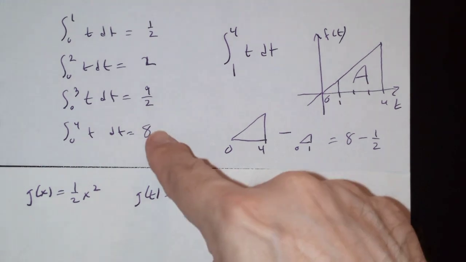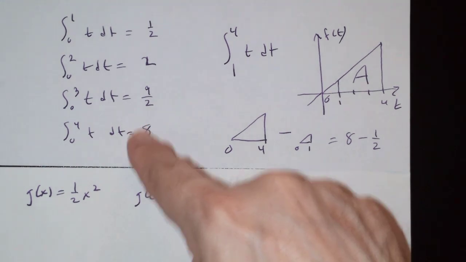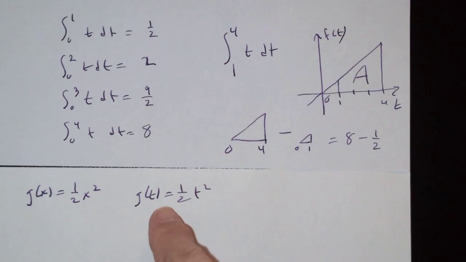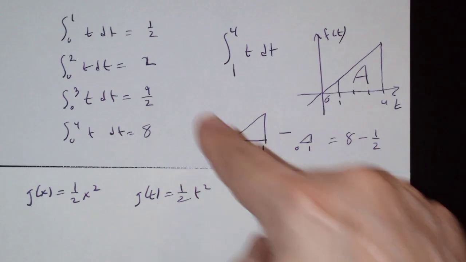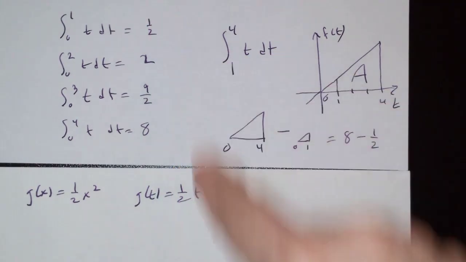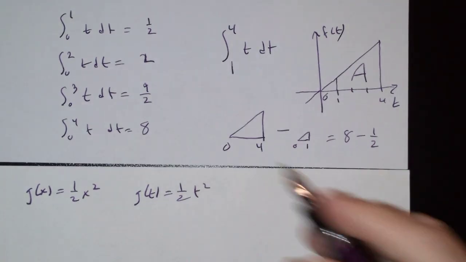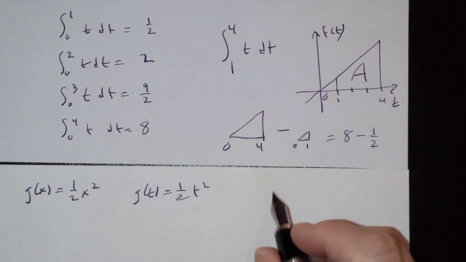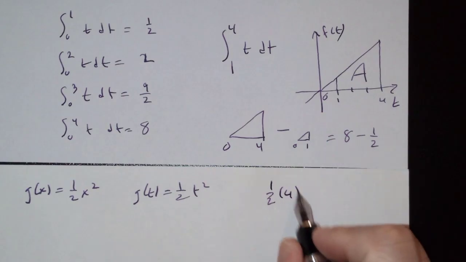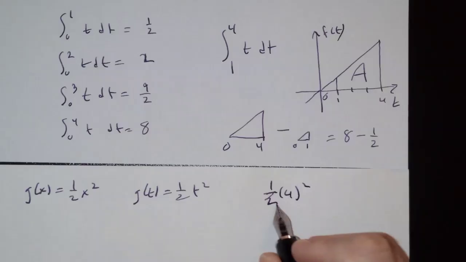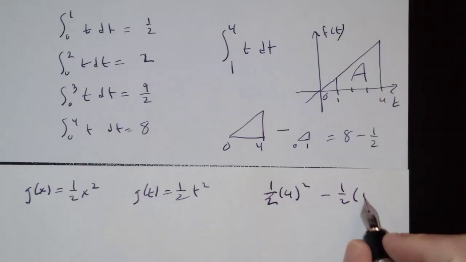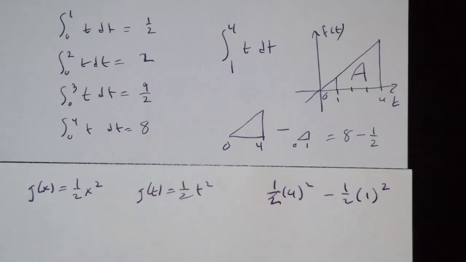But this value 8 came from putting 4 in here. And this value 1/2 came from putting 1 in here. So I can think of this evaluation up here as 1/2 4 squared minus 1/2 1 squared.